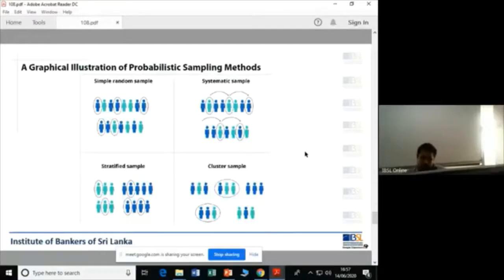The last one that we discussed a moment ago is cluster sampling, where you put data points into different clusters based on your prior knowledge, and you access an entire cluster and pick them into your sample from the population. So those are the mostly discussed 4 types of probabilistic sampling that we can see in statistics jargon.